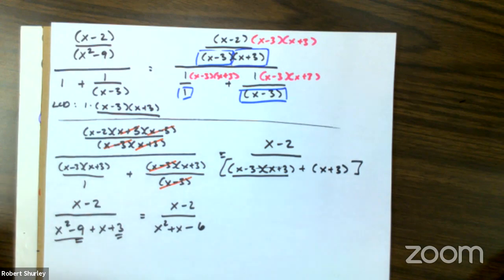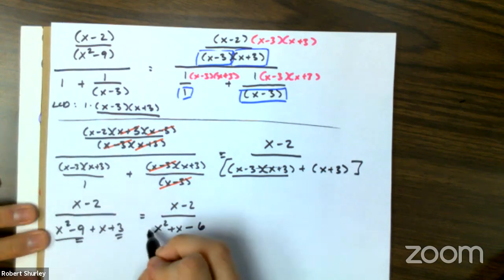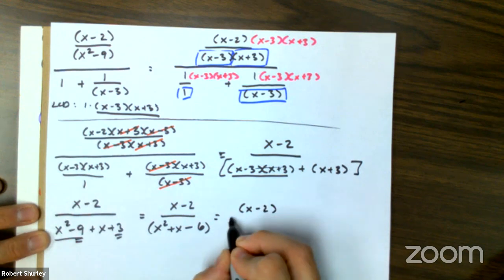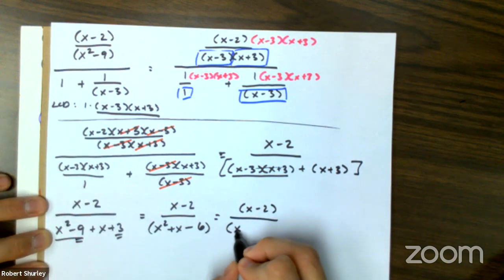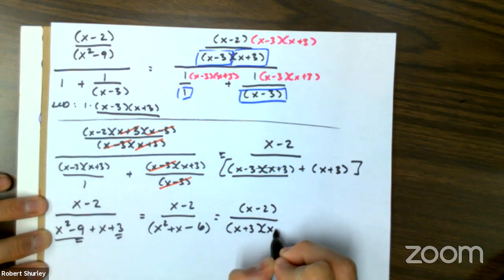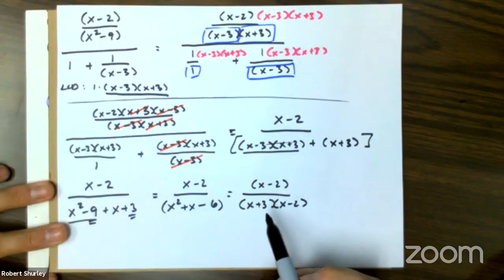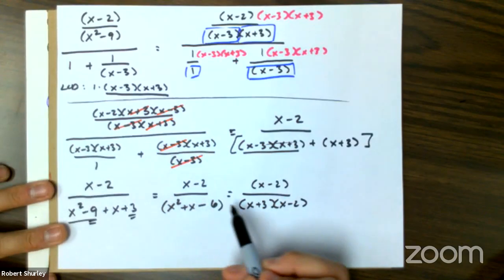Any questions to that point? Okay. I can factor that denominator. Now, I should have put parentheses around the numerator. This denominator factors into x plus 3, x minus 2, right? Do you guys see that? Because we multiply x squared by itself, so we can do the quick factoring.